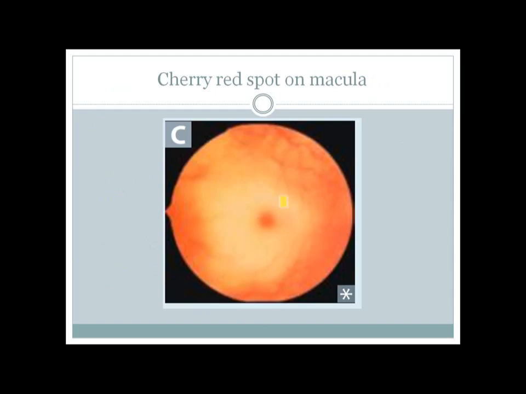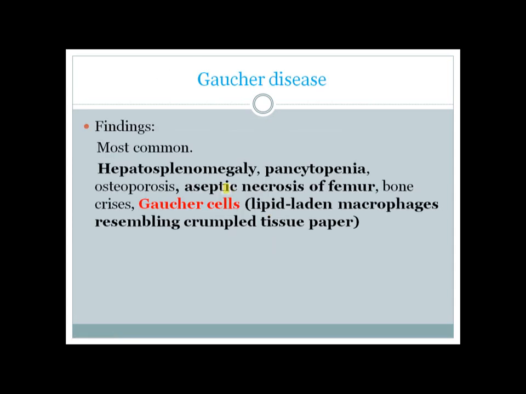Here you can see a fundoscopic view of the macula, and here you can see the cherry red spot in the macula. Gaucher disease is one of the most common among the lysosomal storage diseases. In Gaucher's disease, there is deposition of lipids in different parts of the body, including the liver and the spleen. And Gaucher disease has something very different from other diseases.